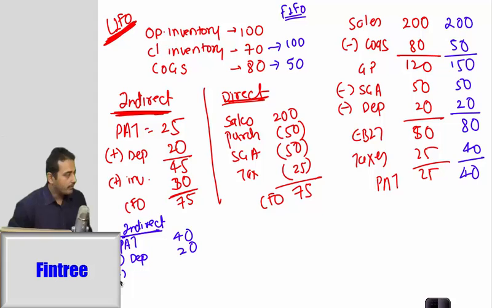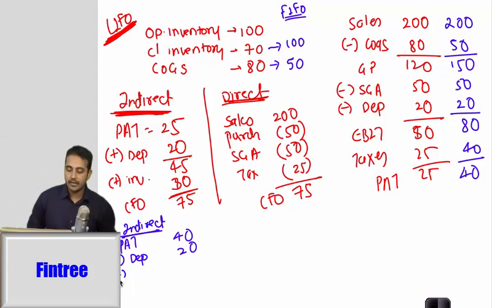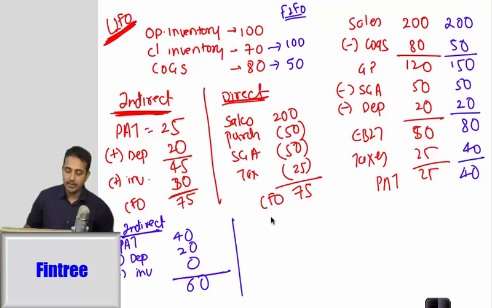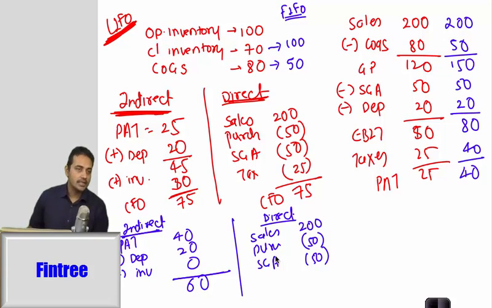Your opening inventory 100, closing inventory 100, inventory adjustment 0, so your CFO comes to 60. Now look at the direct method. Sales 200. Is your purchase the same? Yes. Is your SGA the same? Yes. The only thing that changes is taxes. And now you're paying taxes of 40. So your CFO is 60.